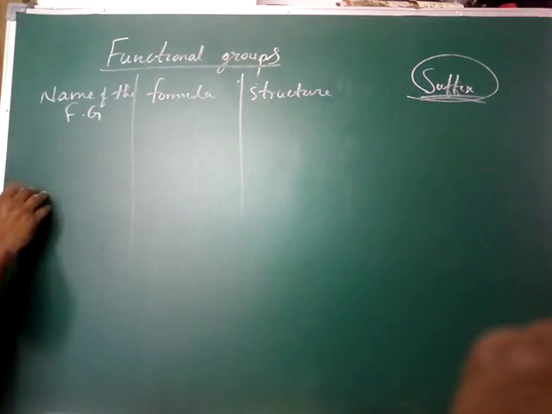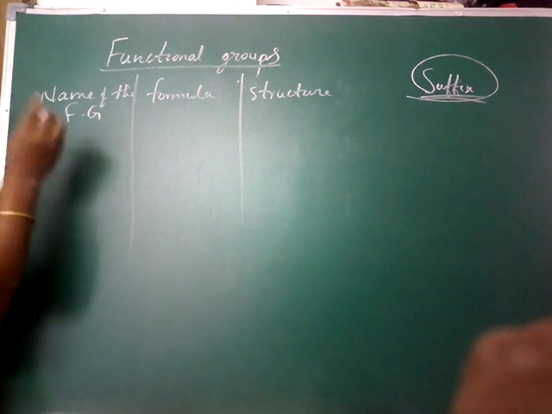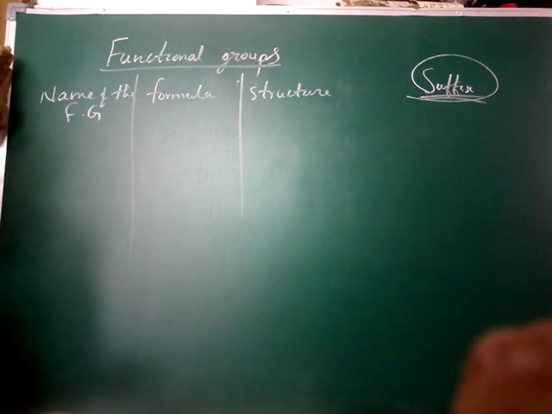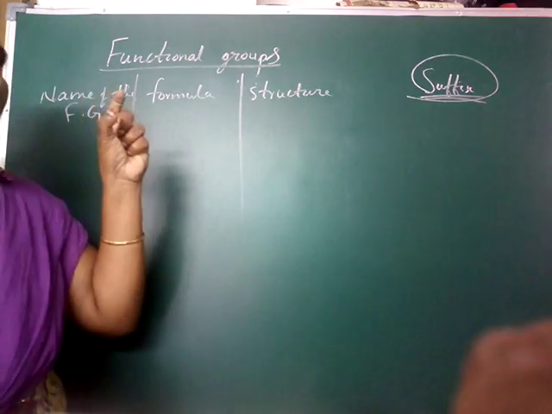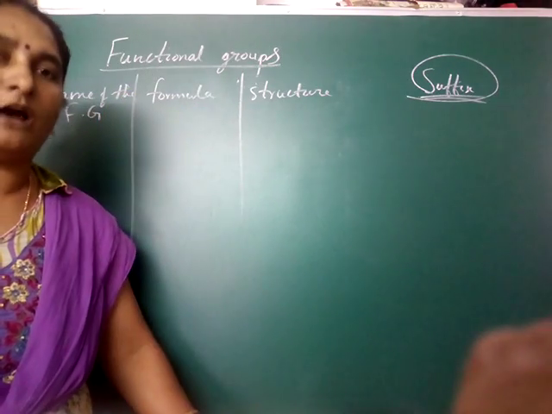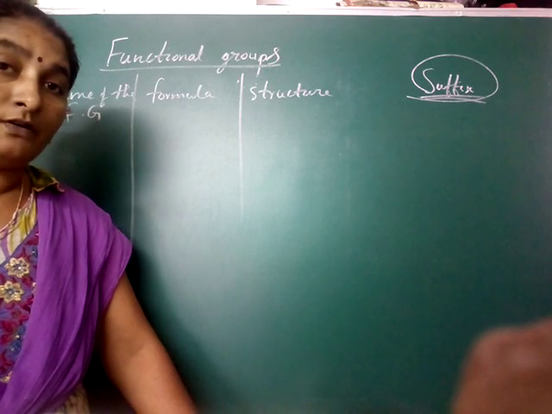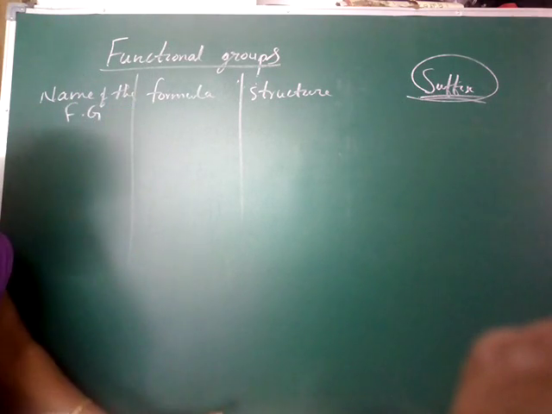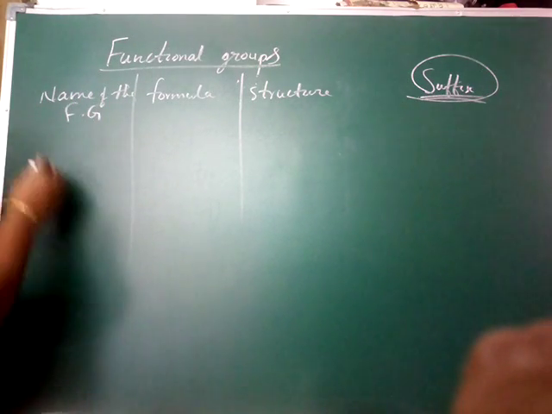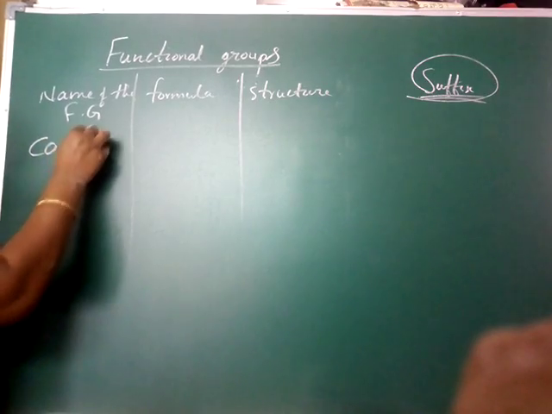Now you come to here, the name of the functional group. When we are giving names of organic compounds, you have to use this order only. That's why I am telling. First you take COOH.